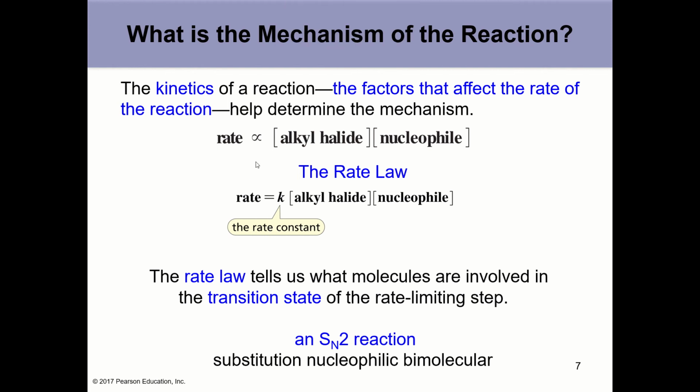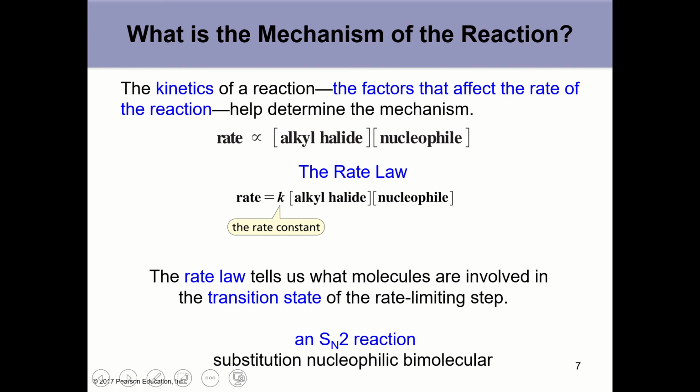Okay, so remembering rate law, the rate can be written as the rate constant times the concentration of alkyl halide and the concentration of nucleophile. And the rate law tells us what molecules are involved in the transition state of the rate limiting step, depending on the order.